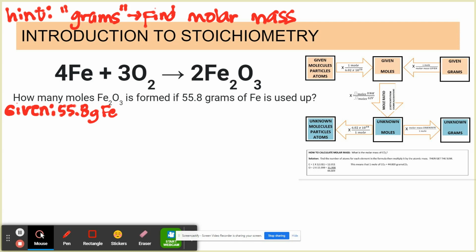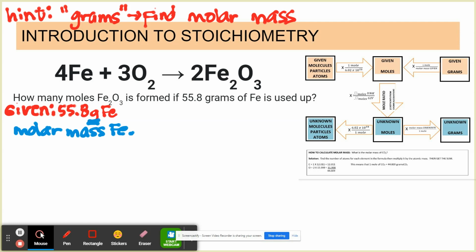But since I know for a fact that you know how to calculate the molar mass, you can actually just go look up the book value for the molar mass. So again, one more time, if you ever see the word grams, you have to get the molar mass of whatever compound follows the word grams.